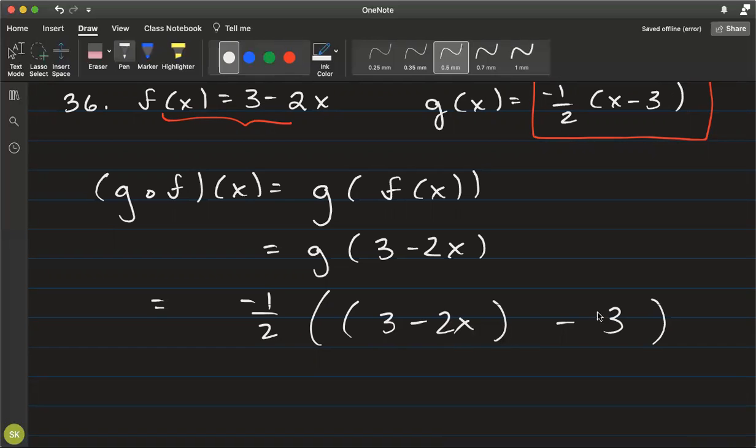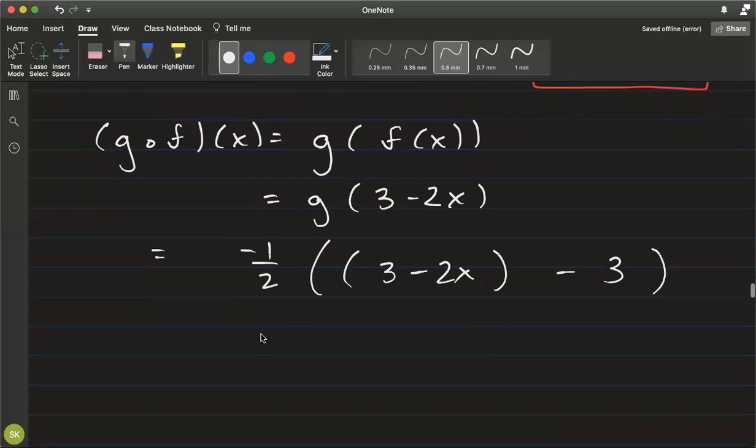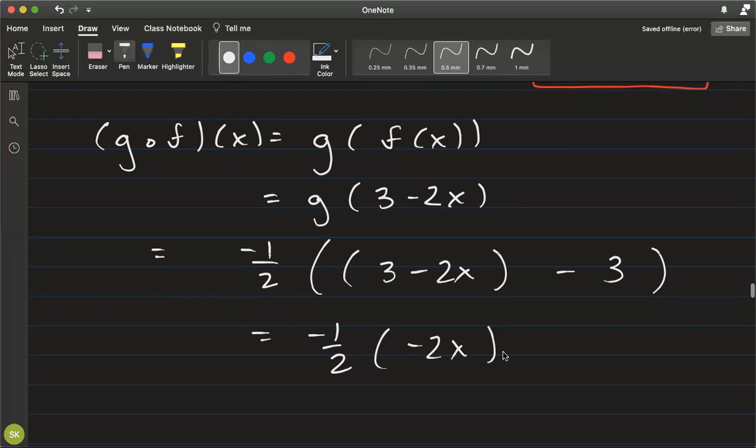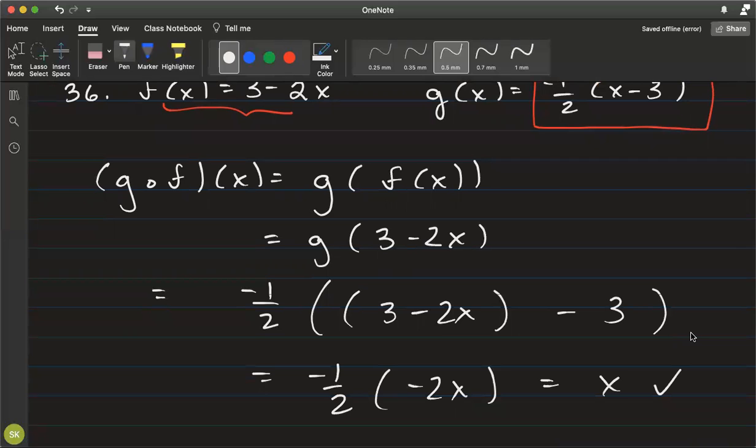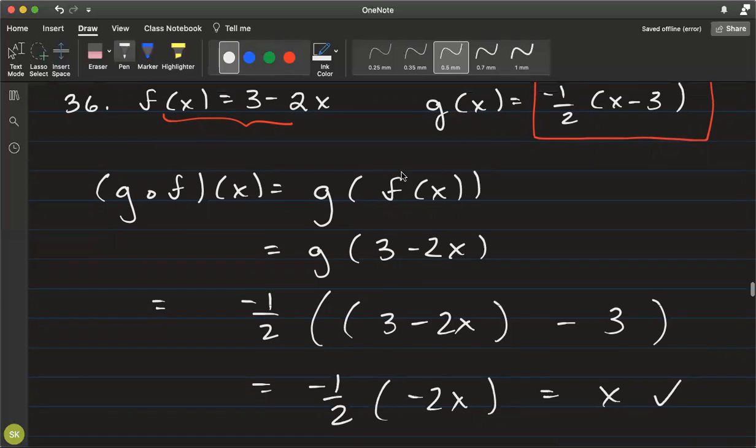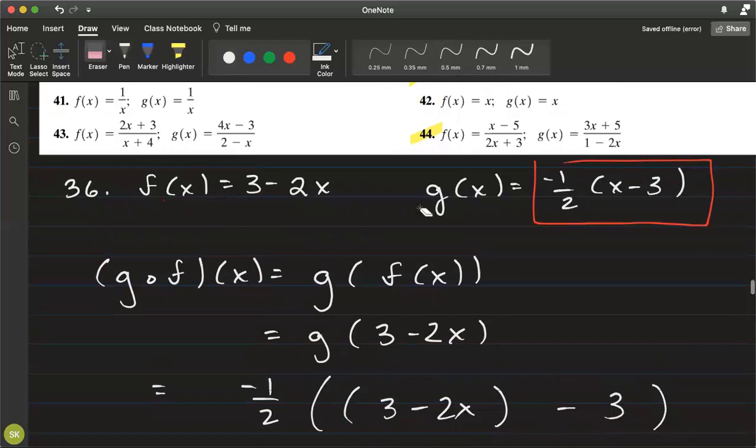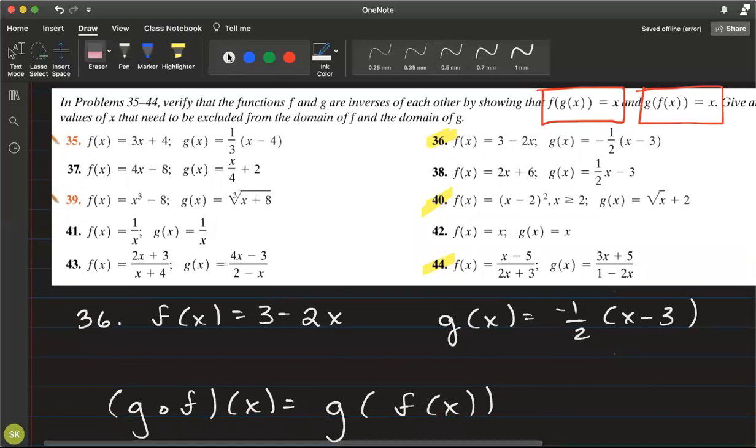I can simplify this part in the middle because these parentheses aren't really necessary. So I have a 3 minus 2x minus 3, that's times negative 1/2, and I just get a negative 2x, and then this just becomes x. So that property of g composed with f equaling f composed with g, which is equal to x, works here. So they are inverse functions. And usually when you have inverse functions, you don't write g, you write f inverse.